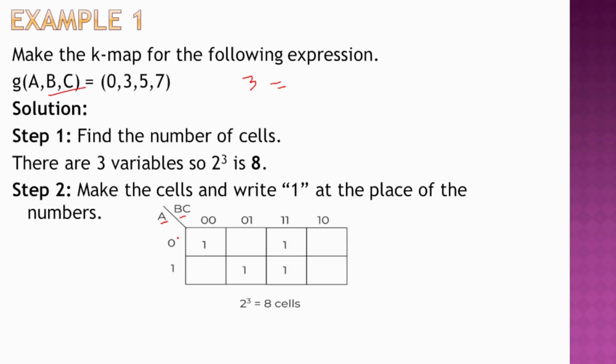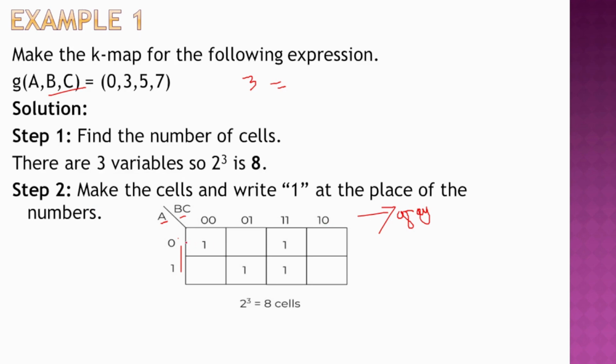If you have one variable, the values will be 0 and 1. At the top there will be 2 variables, so these are filled with the help of gray code, that is 00, 01, 11, 10.